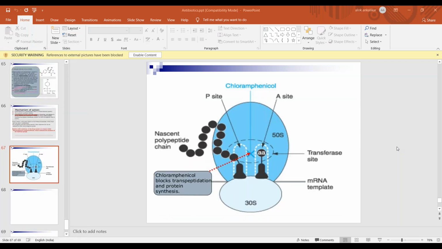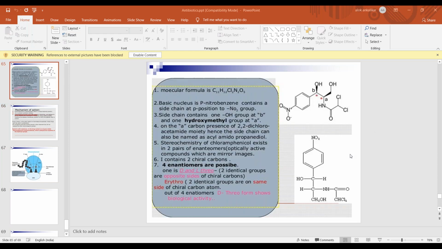Again, you see the structure of the 50S and 30S ribosomal subunits. Chloramphenicol binds to the 50S ribosomal subunit and inhibits the process of protein synthesis. Okay, so this is the structure of chloramphenicol. You can note down the structure.